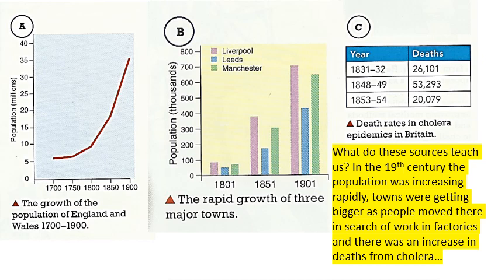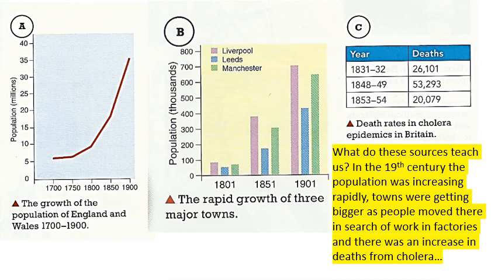But you can see there's a cost because of all of that. In 1831-32, due to cholera, an epidemic that was spread, we eventually found out, by dirty water, there were 26,000 deaths, up to 53,000 in the late 1840s. And in the 1850s, another massive outbreak where 20,000 were killed.